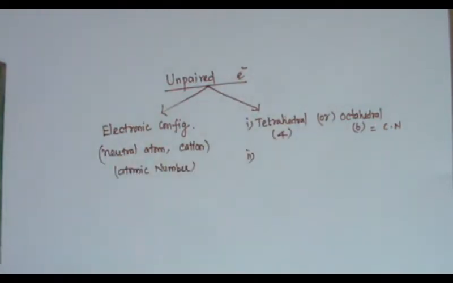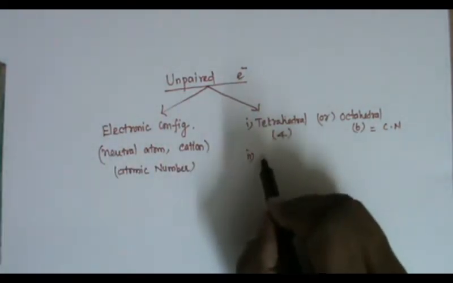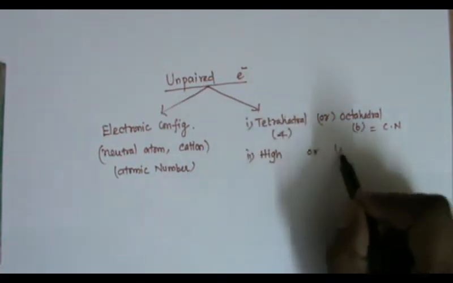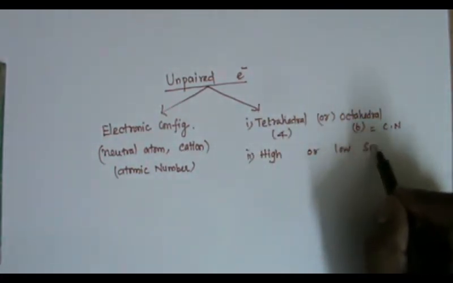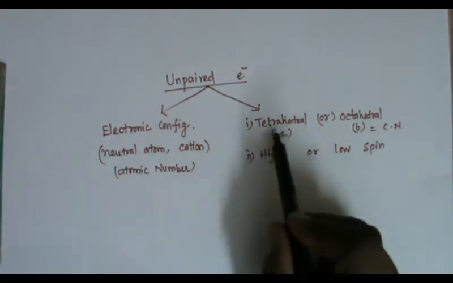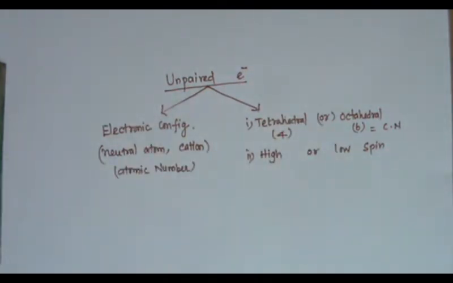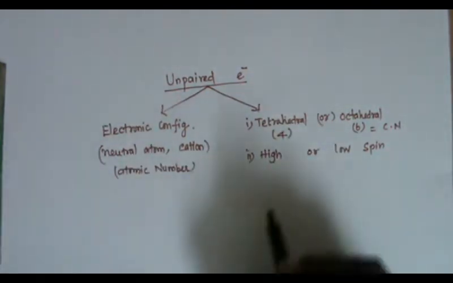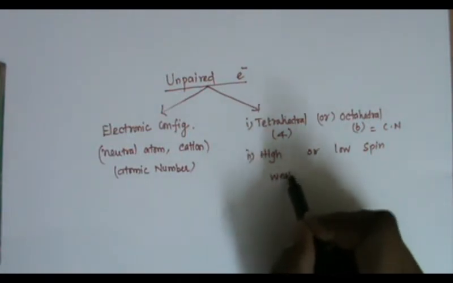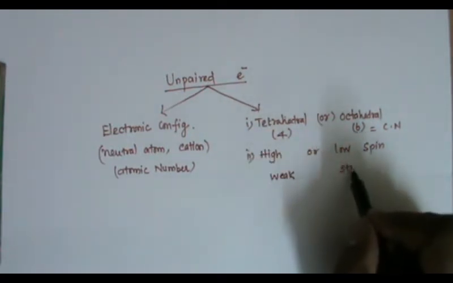The next thing, you should know whether it is a high spin or low spin complex. In other words, I can say whether the ligand attached to the central metal atom is weak or strong.